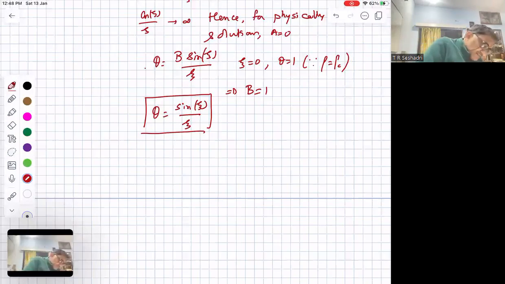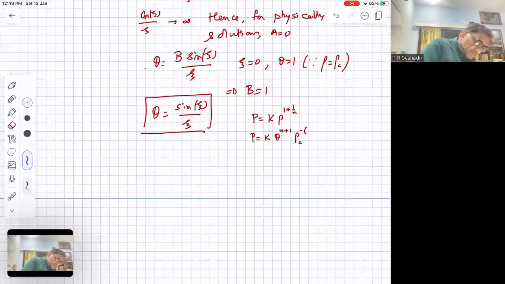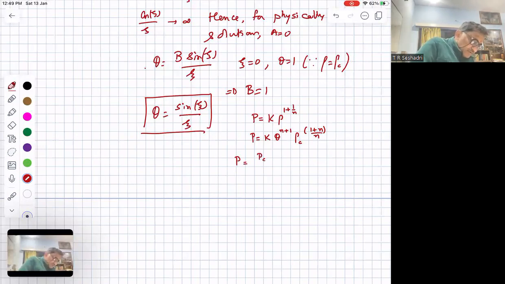Once again, I have P equal to K rho to the power 1 plus 1 by N. And so P is equal to K theta to the power N plus 1 by rho c to the power 1 plus 1 by N. And we know that this is equal to Pc by rho c to the power 1 plus 1 by N, theta to the power N plus 1, rho c to the power 1 plus 1 by N as before, and these two cancel out.